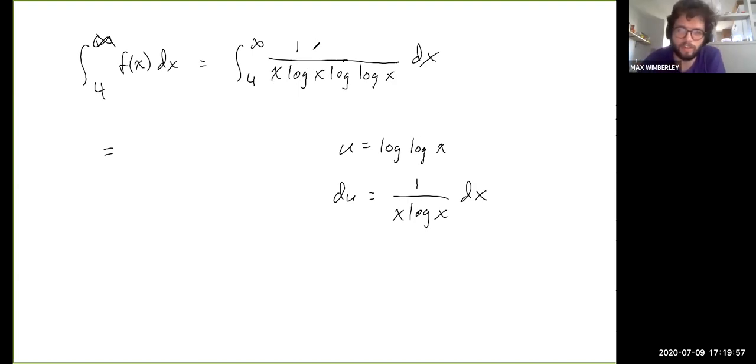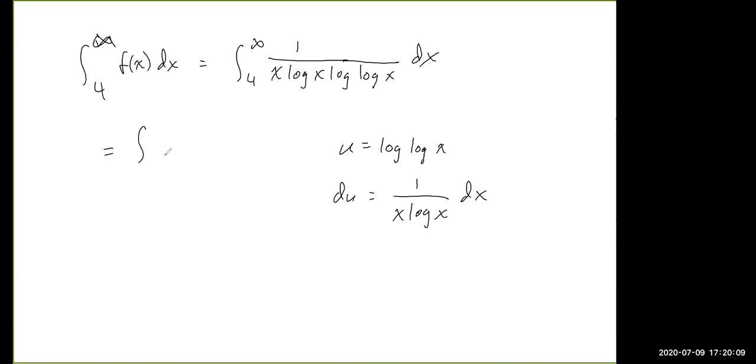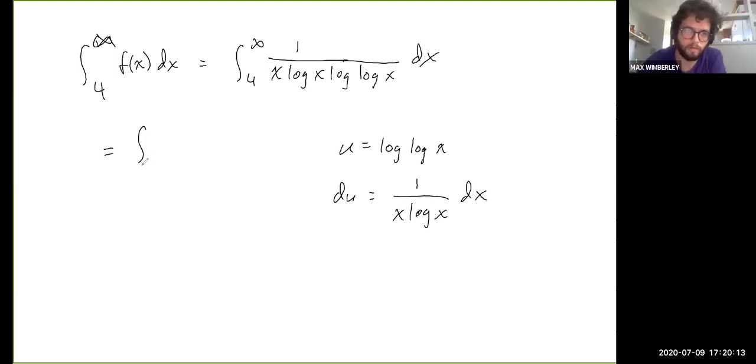So this is actually just 1 over u du. So we get the integral from log of 4 to infinity of 1 over u du.